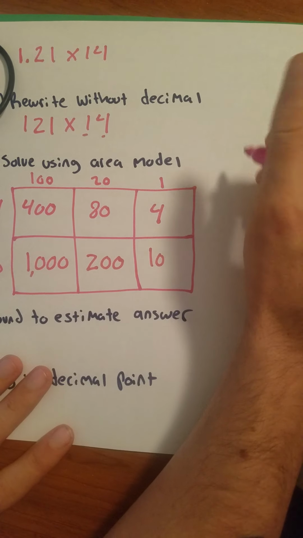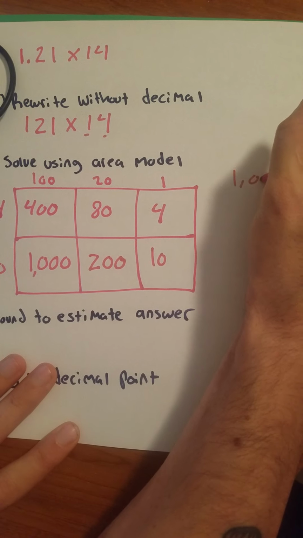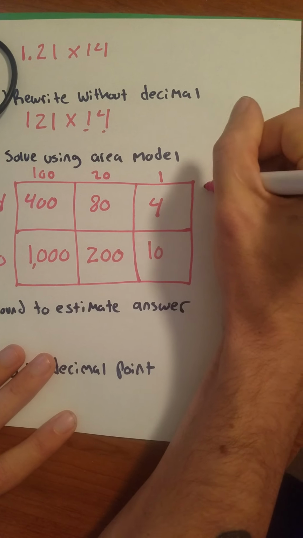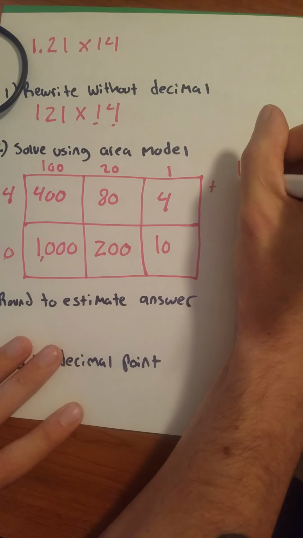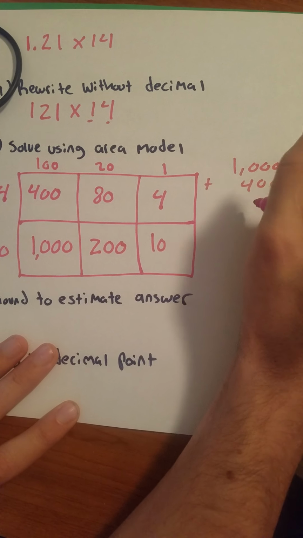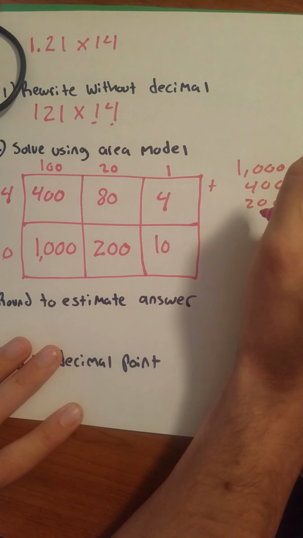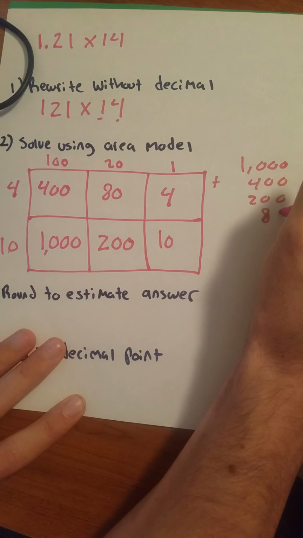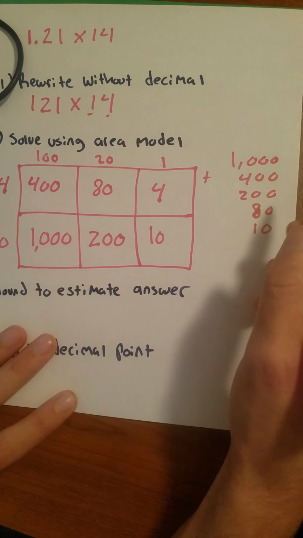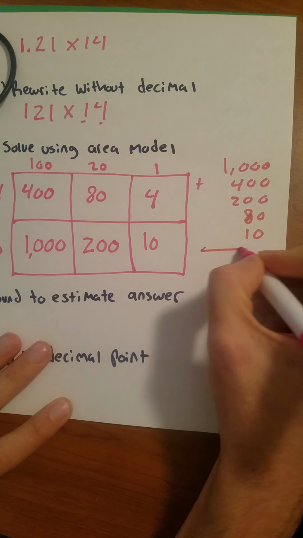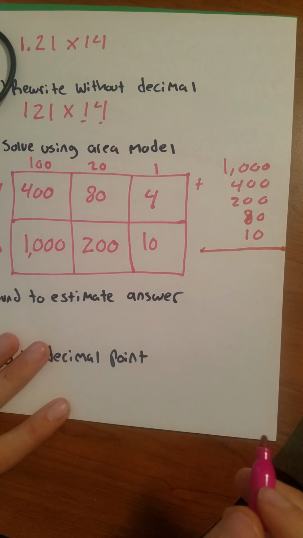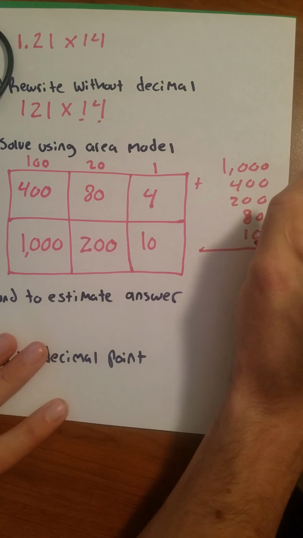And I think it'll be easiest if you write the numbers from greatest to least. And I forgot the 4 there.